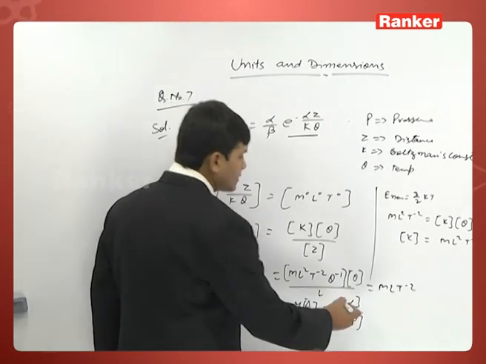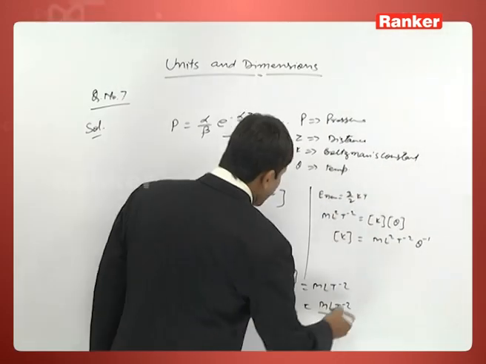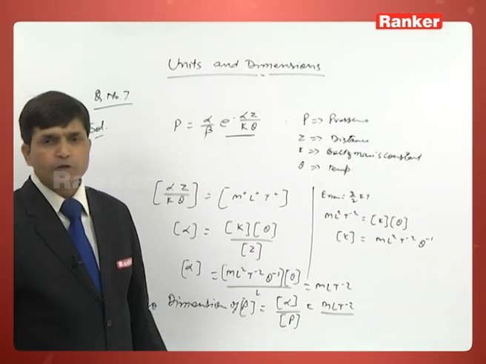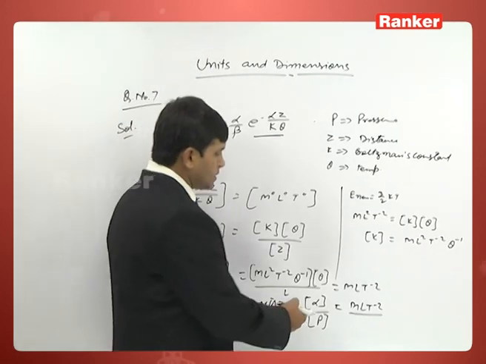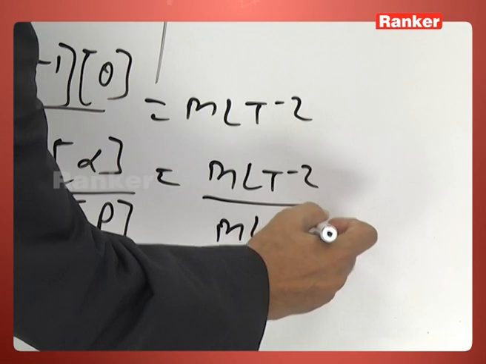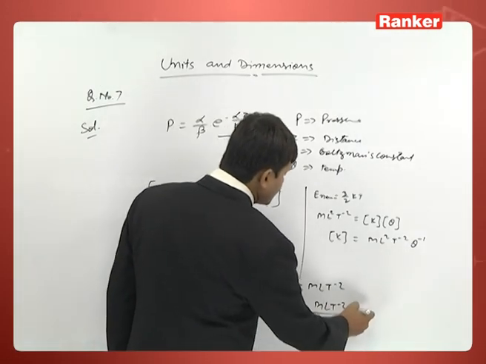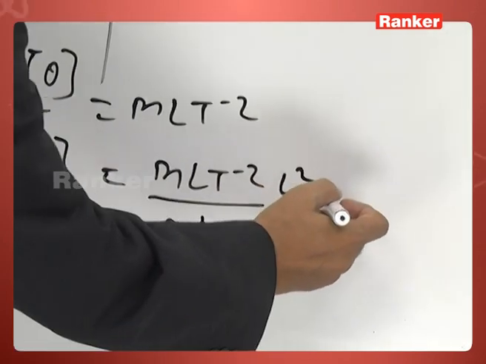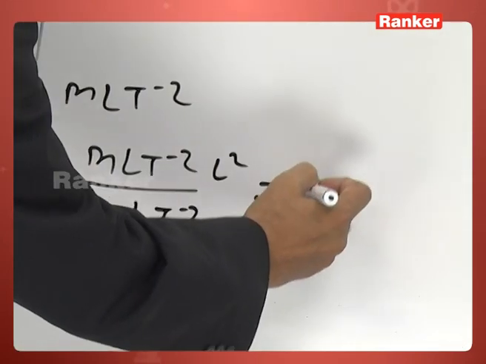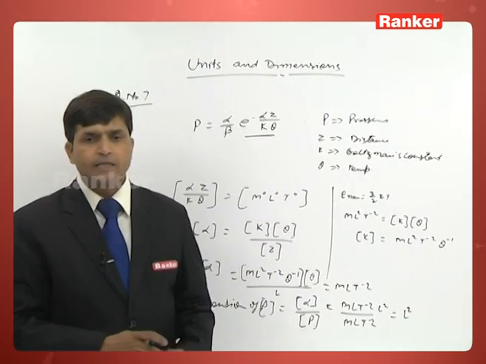Alpha dimension, as we know, is M L T minus 2, and pressure is force per unit area. So force dimension is M L T minus 2 per unit area. So we divide by the area. The area means L square. So finally we can say the dimension of beta is L square.